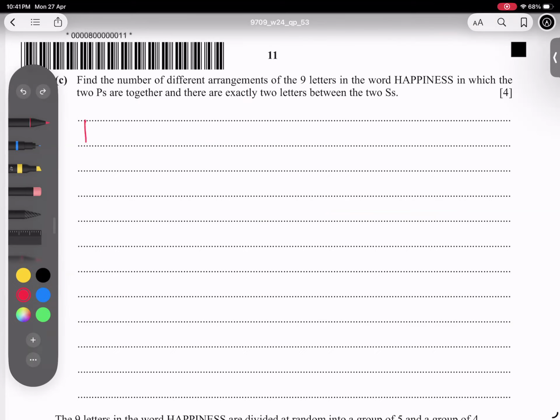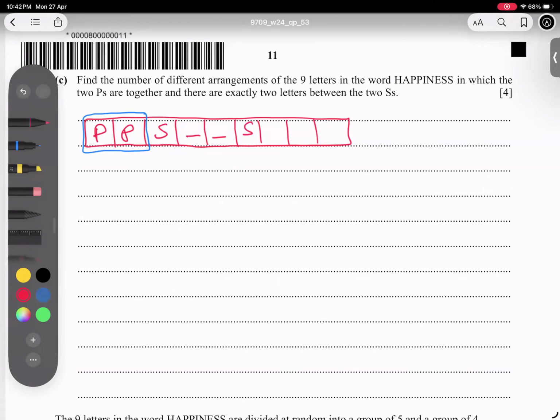Let me make a plan first of all. Have a look, please. 1, 2, 3, 4, 5, 6, 7, 8. So students, what's plan number 1? We consider the 2 P's together. This is very clear. And then the 2 S's are together with 2 letters in the middle, and we make a block of that.